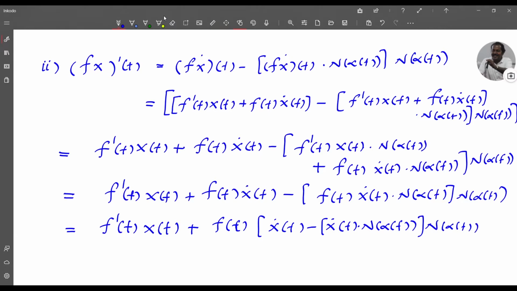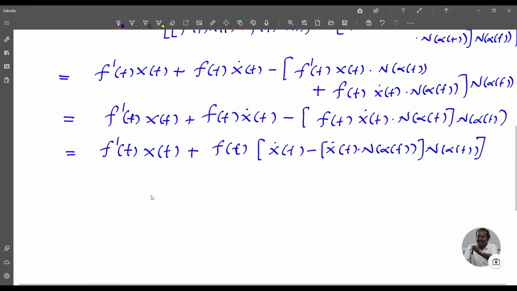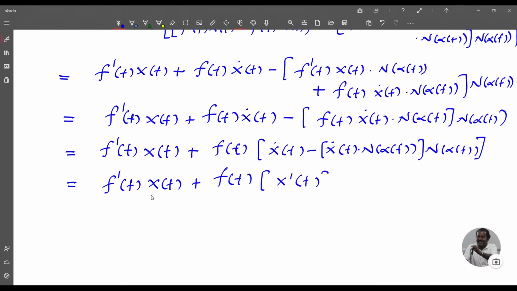This is f of t into. So this is equal to f prime of t x of t plus f of t into, you know that this is x prime of t, covariant derivative of x. So this is equal to f prime x plus f x prime of t.